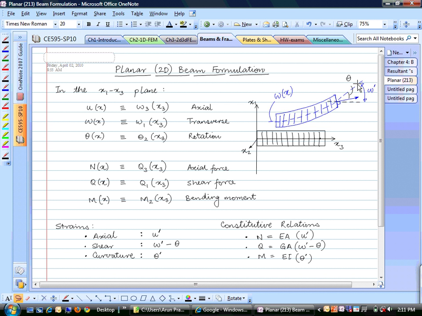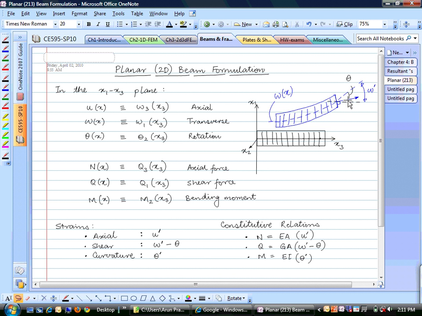In this case, the centroidal axis is pointing somewhere like this, which is not normal to the cross section. The normal to the cross section is like this. The centroidal axis is something like this, right? So that is the difference between Timoshenko or shear beam theory and pure bending, Bernoulli-Euler beam theory.